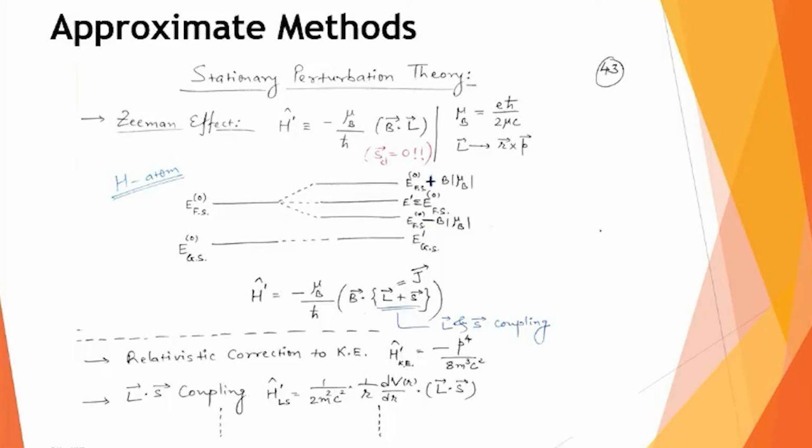You know there is a famous phrase known as the LS coupling. So now you have to think of that interaction also: when L and S couple, that L dot S term, the LS coupling, has to be included.